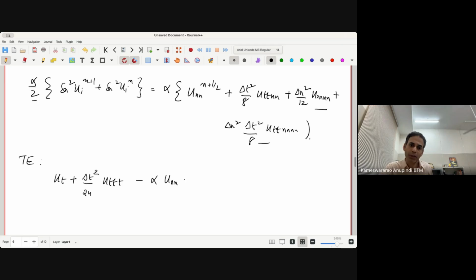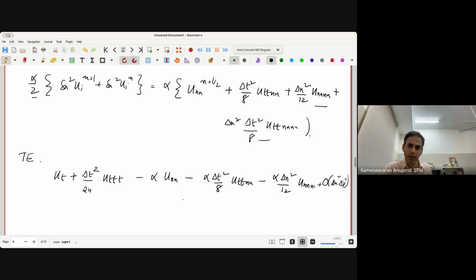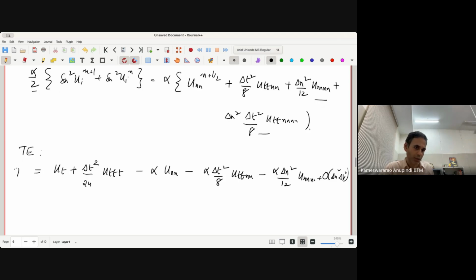I'm not writing the superscripts. And then you have minus alpha delta t square by 8 u double t xx minus alpha delta x square by 12 u plus order delta x square delta t square, right? That's what we have. This is the truncation error.